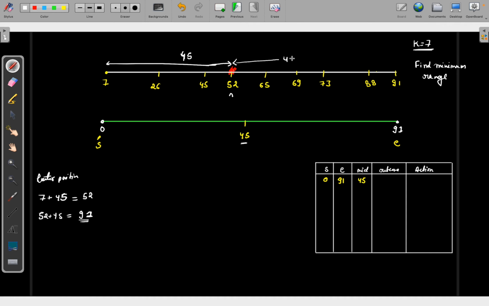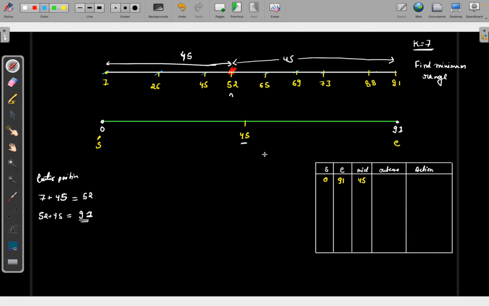That means I am going till 91. So can I say that by this range, all my houses are getting Wi-Fi, houses 3, 4, 5, 6, 7, 8, 9? All the houses are getting the Wi-Fi? Yes. I am getting the answers.